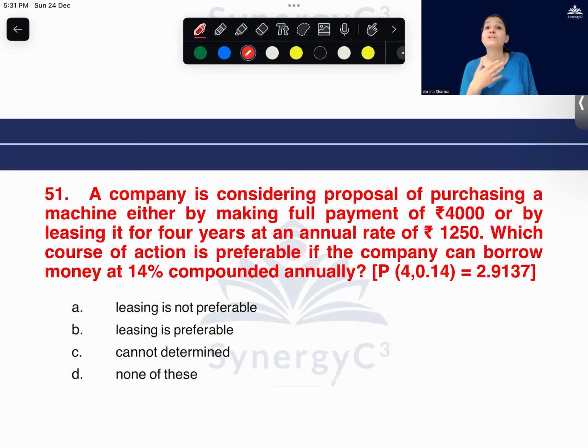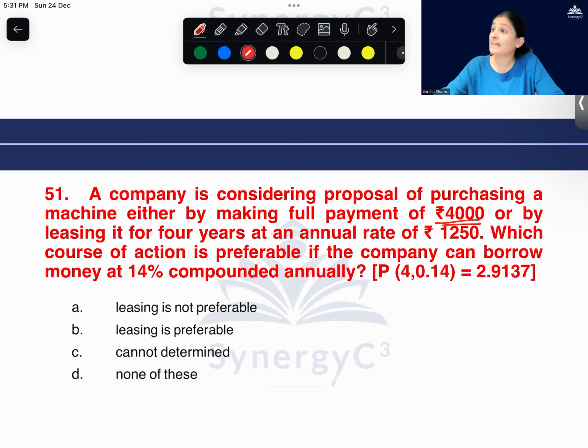But if I were the one taking the place, then I would have preferred to buy it out, because it was costing me less. A company is considering a proposal of purchasing a machine either by making full payment of rupees 4,000. If I buy the machinery right now, my cost is 4,000.